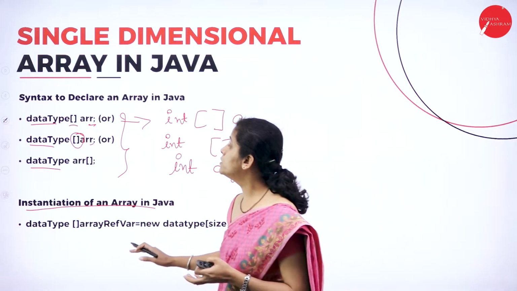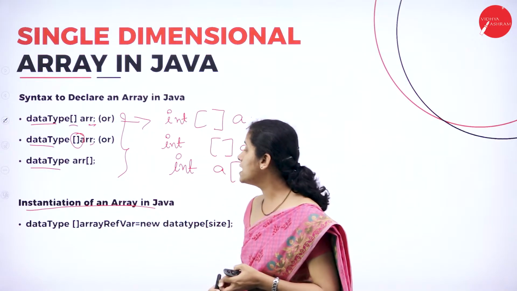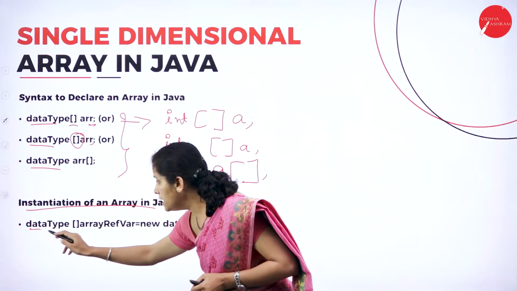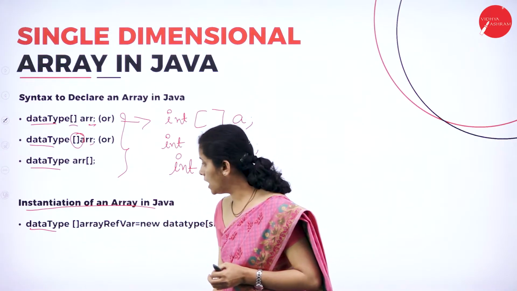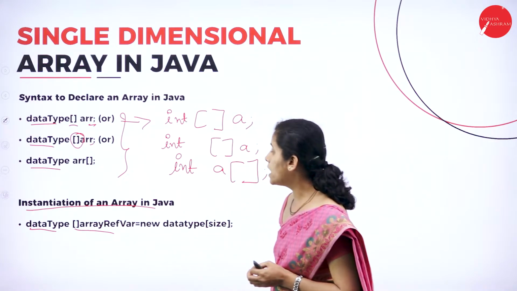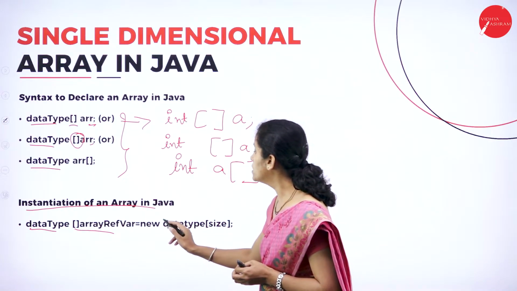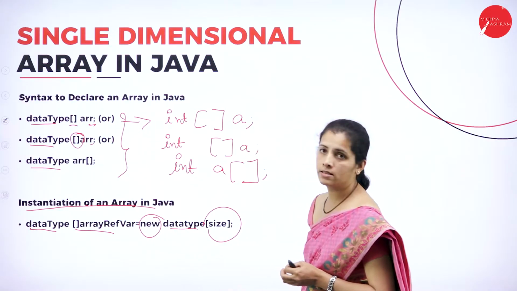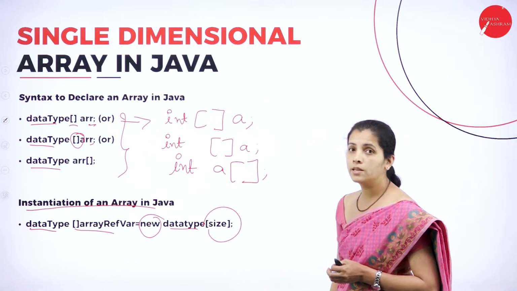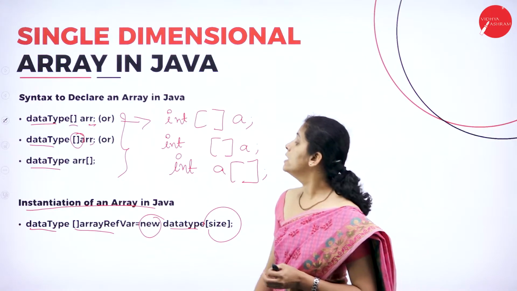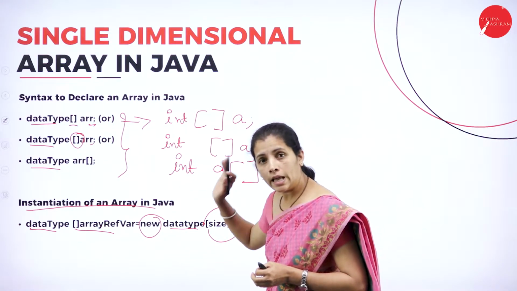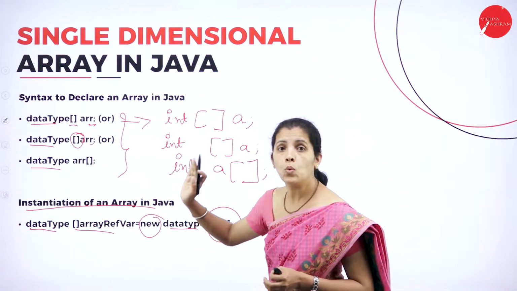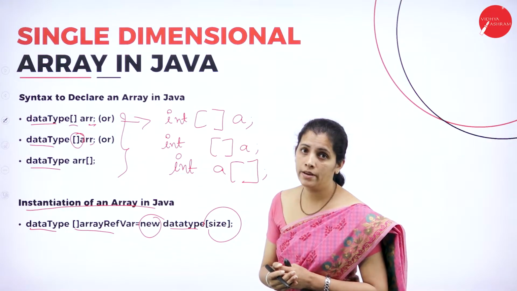Now let me consider the initialization of an array. Here at the beginning I'm going to have the data type along with the array name equal to new data type and size. So dear students, just remember one thing here: in Java, we can allocate memory for an array only through the new keyword.